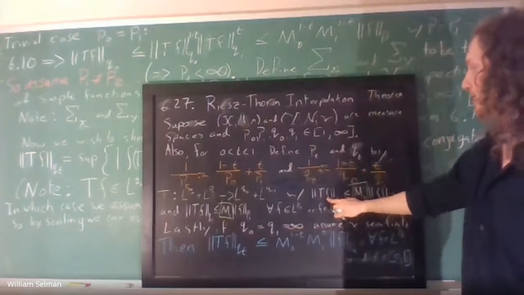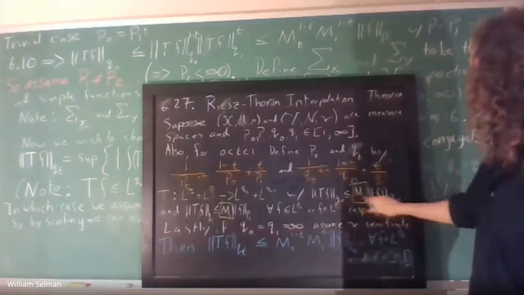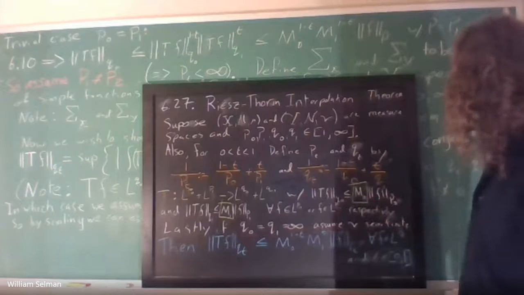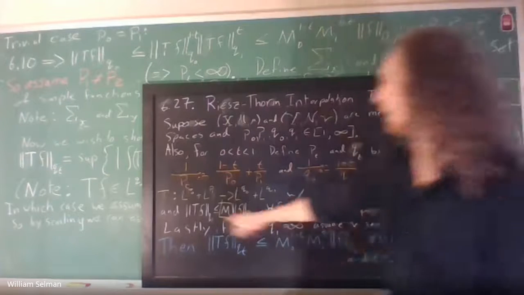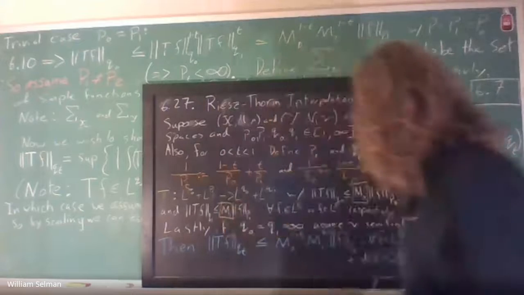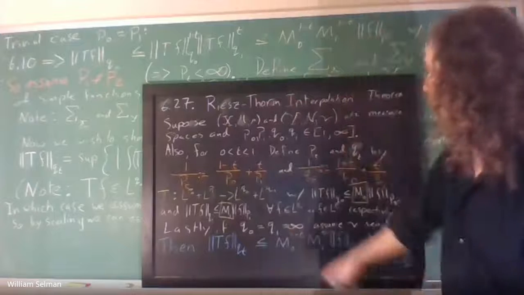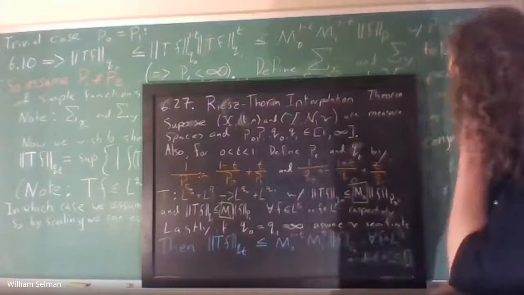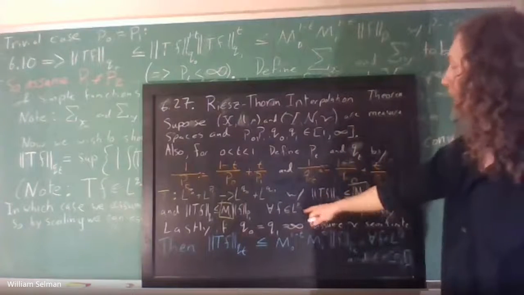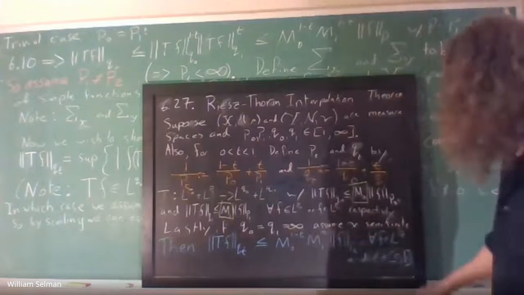So the norm of Tf in L^q0 is less than or equal to a constant M0 times the norm of f in L^p0, and M1 is the coefficient for our bound for q1 and p1. And again, this is for all f in L^p0 and L^p1 respectively.